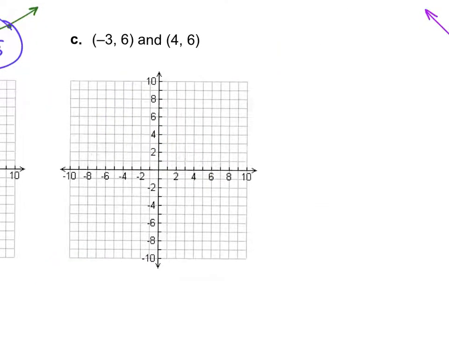-3, 6. So I'm going to go -3, which is right here, up to 6, and 4, 6. Now, I connect my dots, and you notice that it's a horizontal line. You remember, hopefully, Vux Hoi.